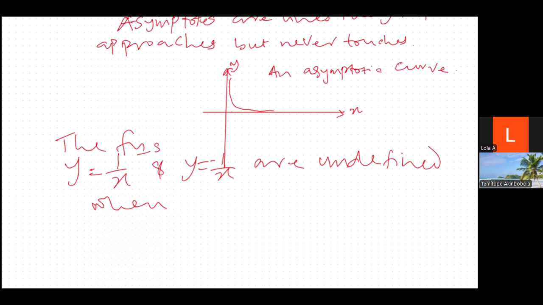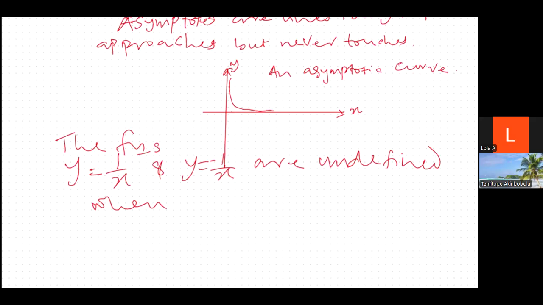Tell me what your calculator says. Math error, sir. That means 2 over 0 is undefined. So an expression is said to be undefined when the denominator is 0. Do you understand that now? Yes, sir.